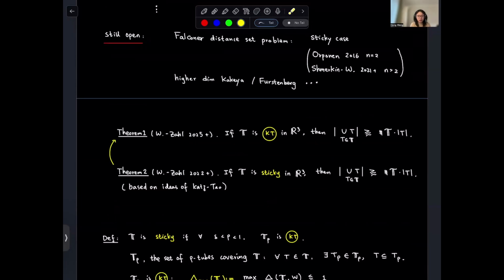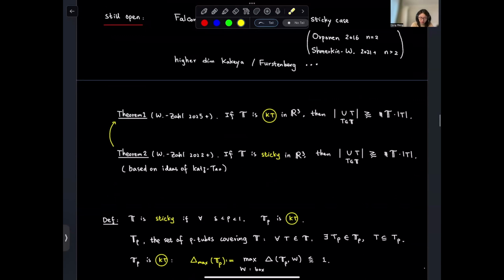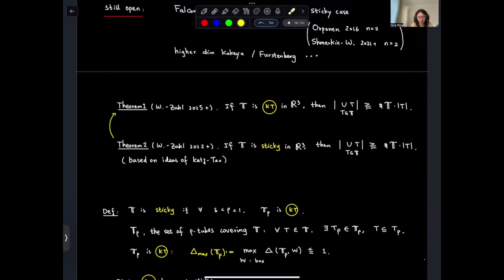So what is the sticky set for the Kakeya set problem? Here, we say that a set of tubes is sticky if for any ρ between δ and 1, T_ρ is the set of ρ-tubes covering δ-tubes, meaning that for any δ-tube in our collection, there exists some ρ-tube in T_ρ that contains the δ-tube T. The set of δ-tubes is sticky if the T_ρ also satisfies the Katz-Tao-Wolff axiom.